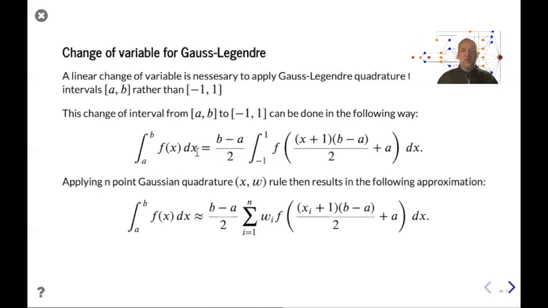Simply just making a change of variable, and that can be done in this very simple way. So essentially, you start with your quadrature nodes x, and then you just make this transformation, and then you get mapped onto the interval.